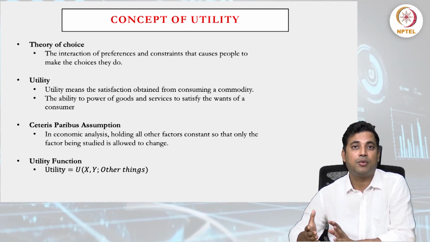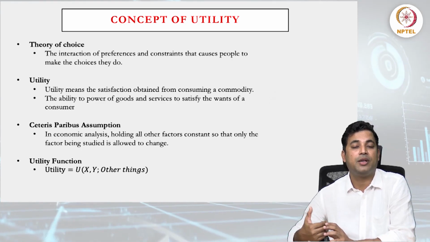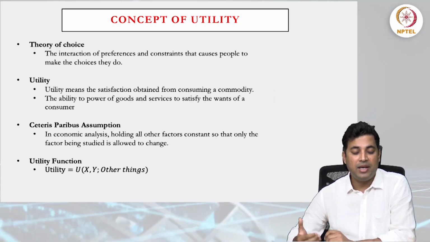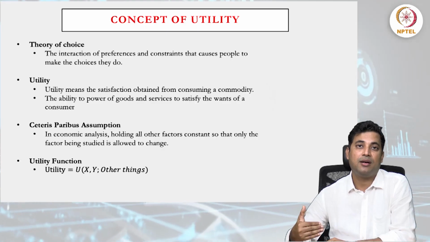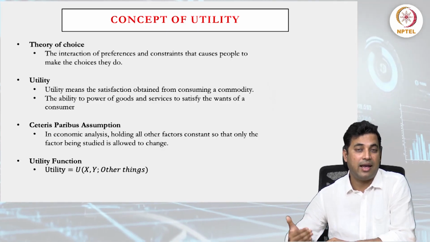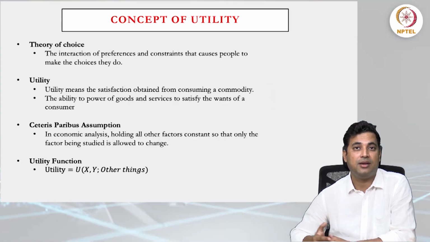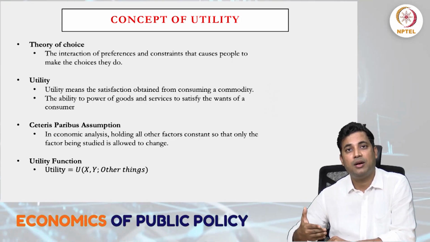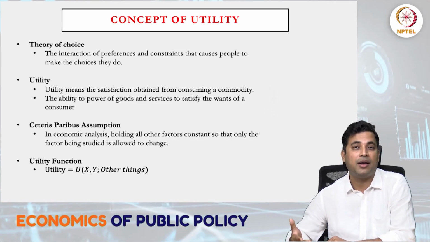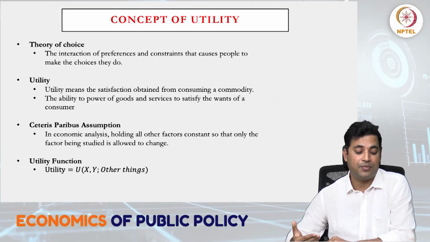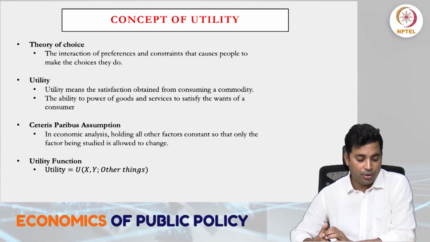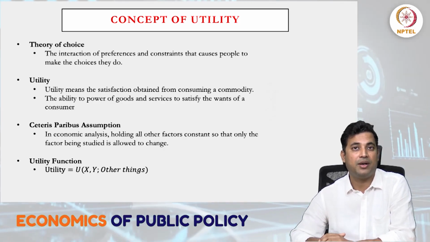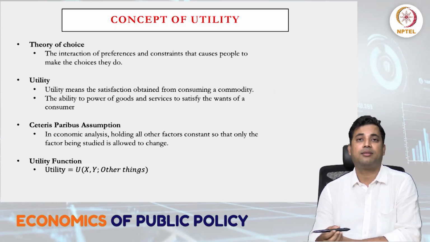If we keep those factors constant, it will give us the relation between X and Y. That means what would be the change in X due to a one unit change in Y. In other words, what would be the consumer behavior for consuming Y in order to change one unit in X. So if I want to understand the relationship between only two commodities, we keep other things constant.